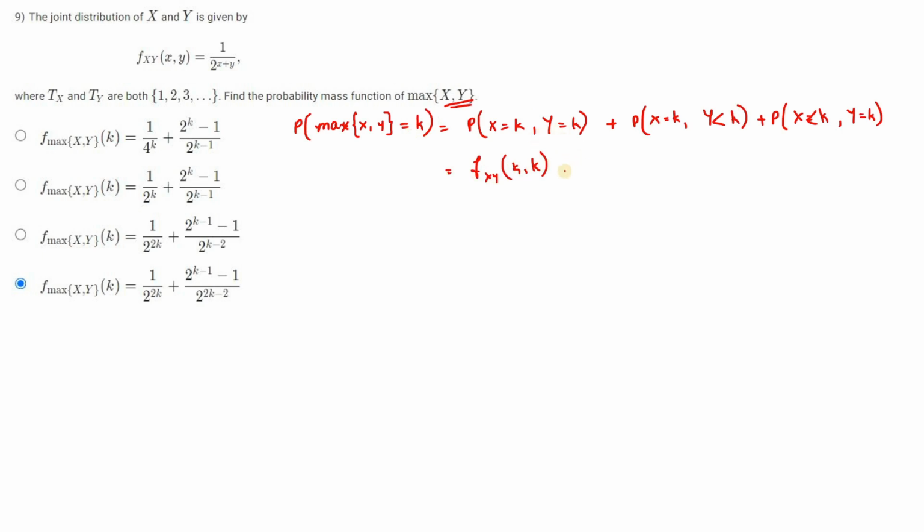Okay, and now this is equal to sigma of i is equal to 1 to, what should we have here, this is k minus 1, right? So we should not get y as k, that is k minus 1 of fxy of, what is the value of x here, that is k comma i, plus sigma i is equal to 1 to k minus 1 of fxy of i comma k.